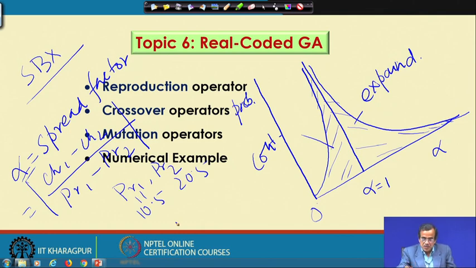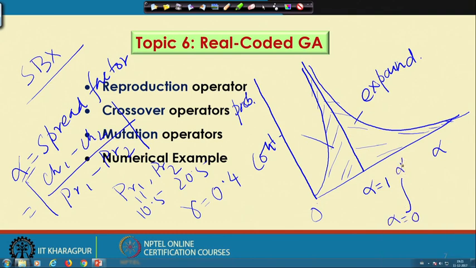We generate a random number between 0 and 1, and that random number indicates the area under this curve. Supposing it is in the contracting zone, and the random number r is found to be 0.4, we find the integration from alpha equals 0 to alpha prime of the contracting zone function C(alpha) d alpha.